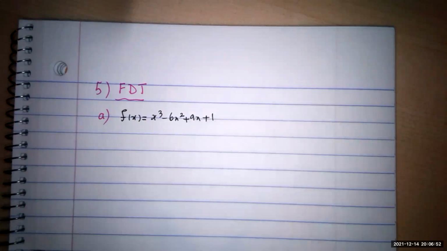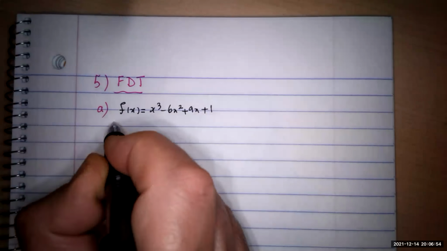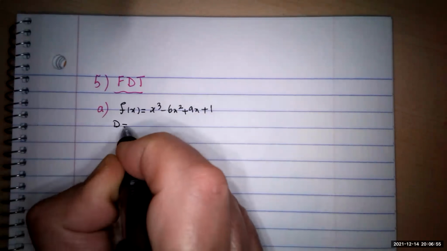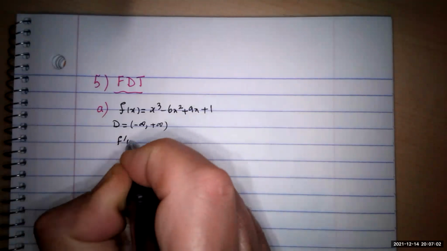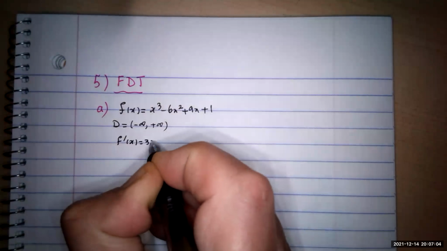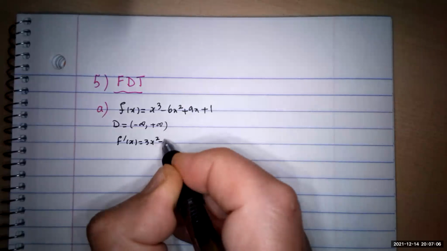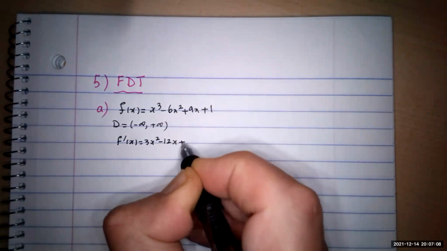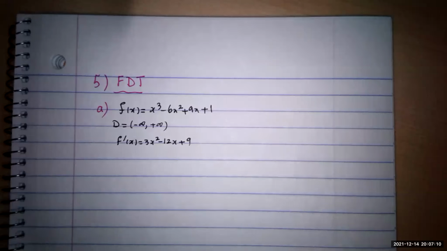These problems start with the domain. In this case, it is negative infinity to positive infinity. So we have to check f prime. So f prime of x would be 3x squared minus 12x plus 9. Double check the derivative. You shouldn't miss anything here.